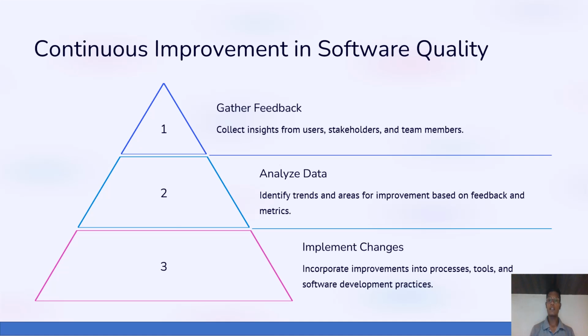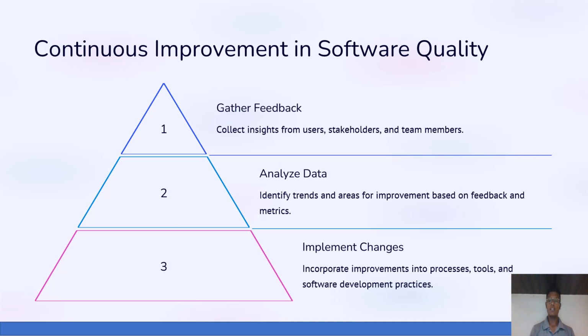Next one is analyze data: identify trends and areas for improvement based on the feedback metrics. We have to analyze the data received from the users, stakeholders, and team members, and make improvements on that basis to improve the software quality.